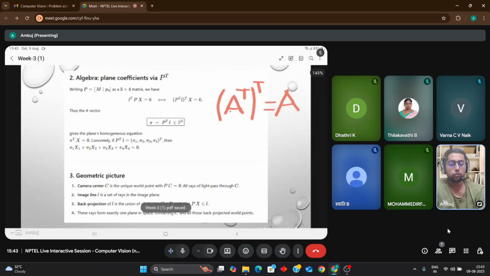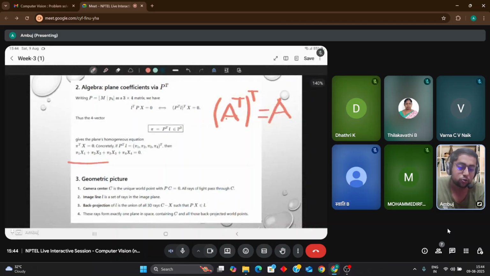Then you create the 4-vector pi as P transpose L. This gives you a plane with the homogeneous equation pi transpose X equals 0. This notation will be very useful in our coming questions.